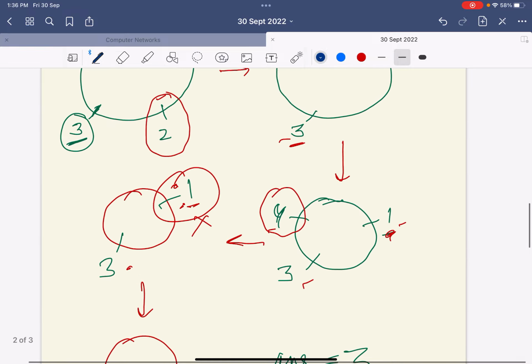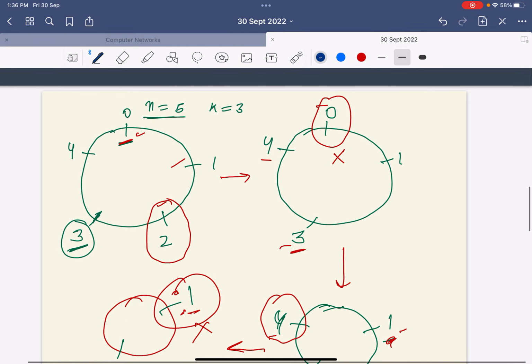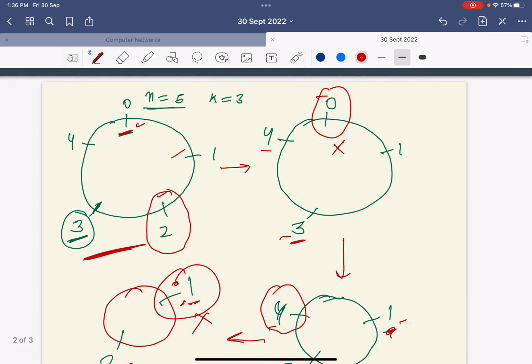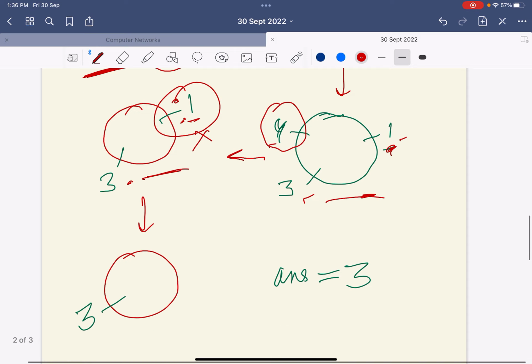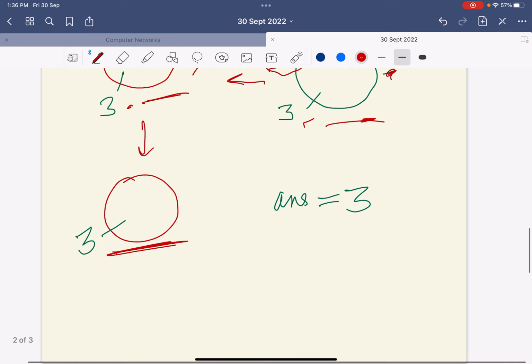So here you can see initially we started with 5 persons in this circular table, then I was left with 4, then 3, then 2 and then 1 person only.